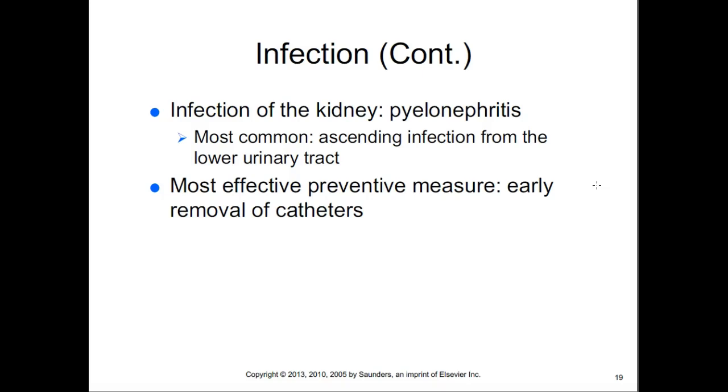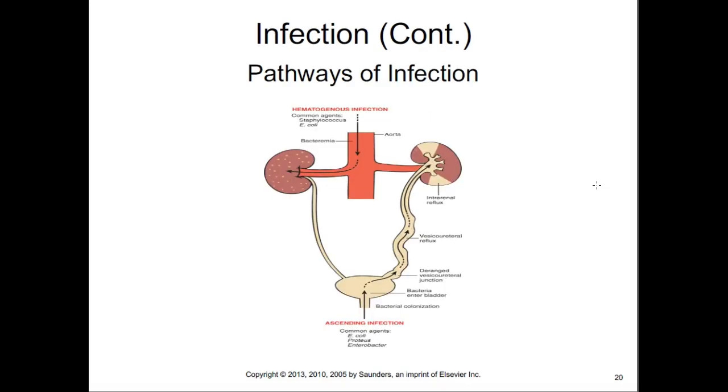So the most effective prevention measure is early removal of catheters. You'll see that many of your infection preventionists in hospitals will monitor how long a patient has been catheterized, so that as soon as the catheter is no longer needed, the patient has it removed to prevent infection.